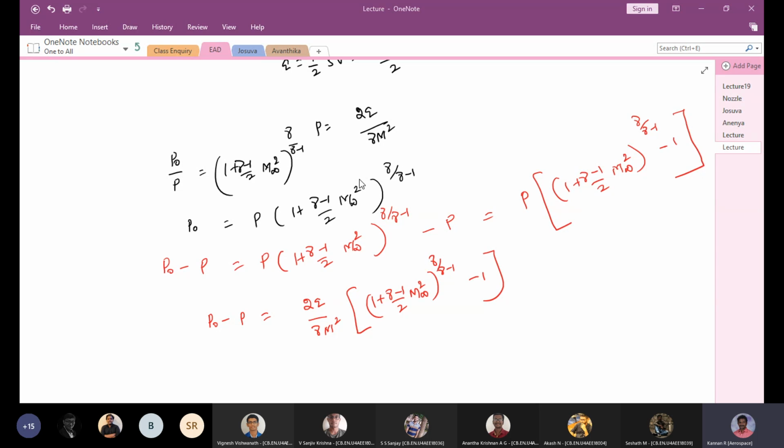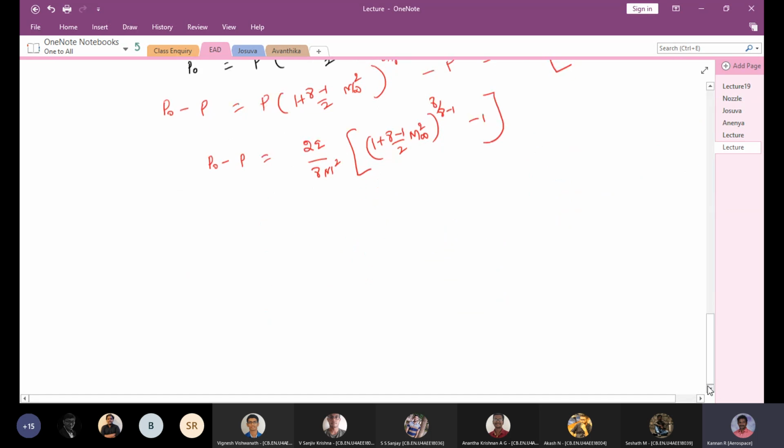So now for gamma equal to 1.4, let us take air at standard condition, a simple assumption of gamma equal to 1.4 or 7 by 5.